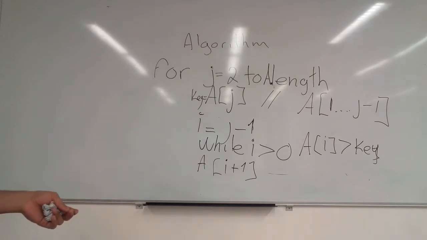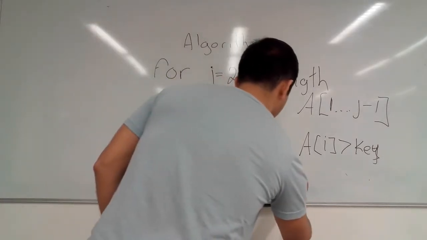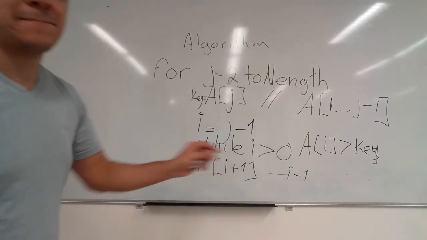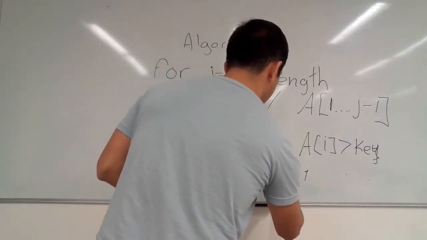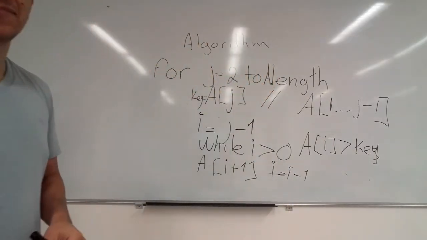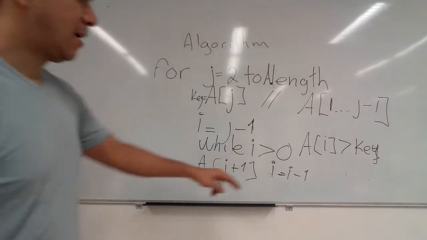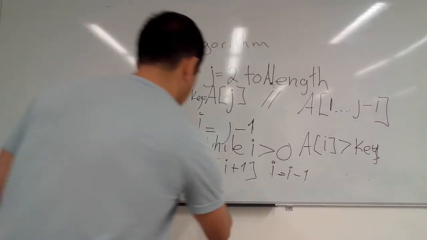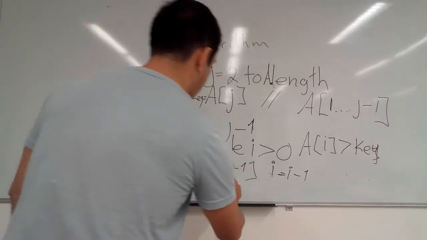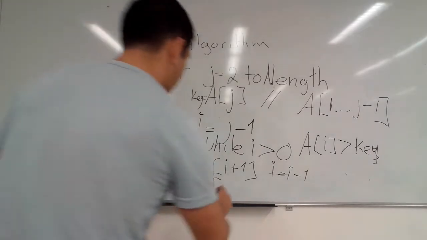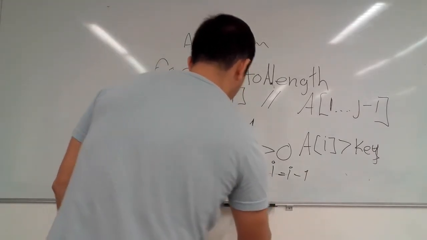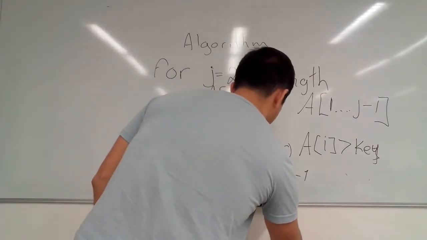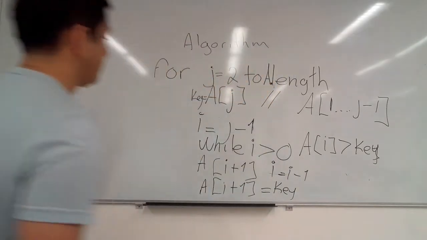So we can say that i minus 1 is going to be equal to i. And we finish with the key. A in the array at i plus 1 is going to be equal to the key.